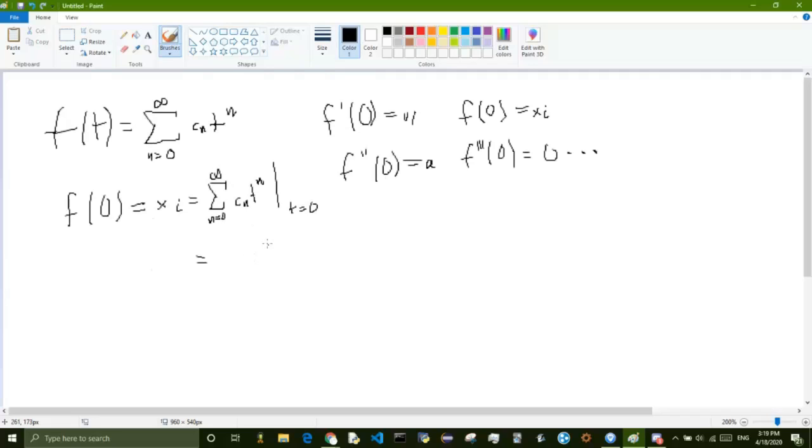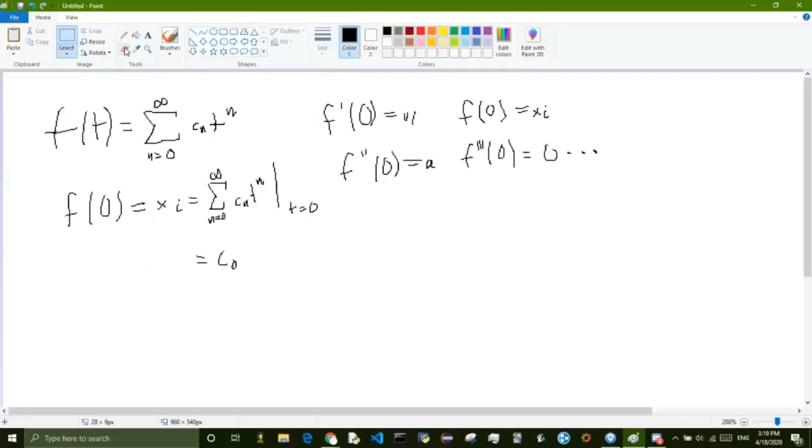Yeah, it would be 0 to the 0, but because it's just a shorthand for a series, it wouldn't actually be 0 to the 0. What it would be is C0 t to the 0, and t to the 0 is 1, so this immediately simplifies. You don't even have to do 0 to the 0.